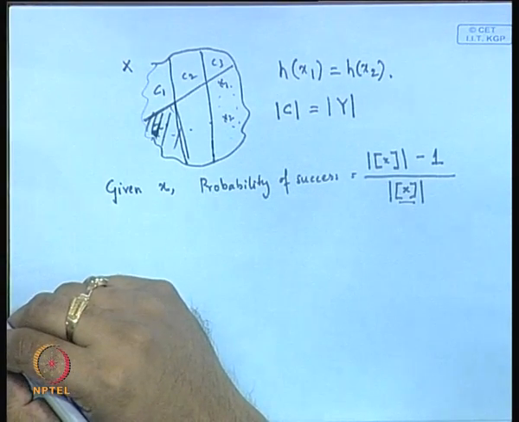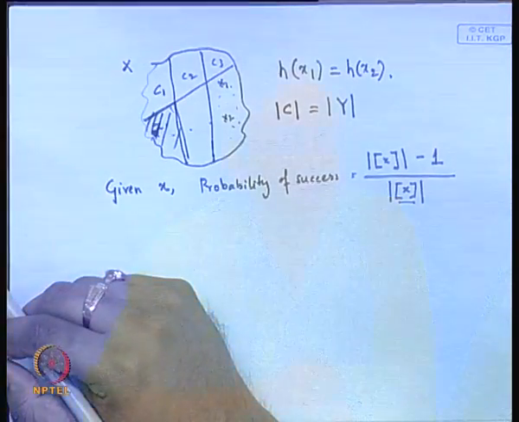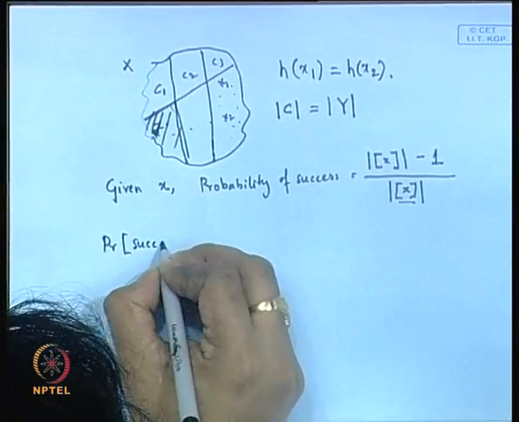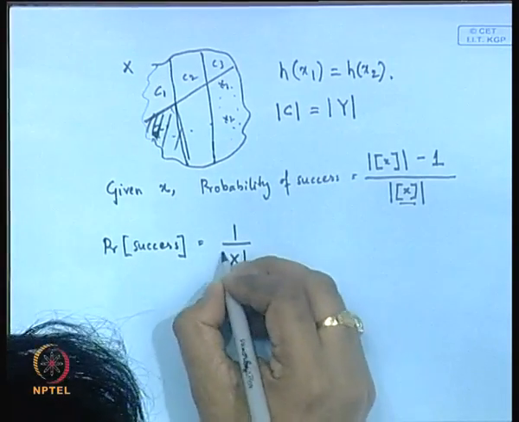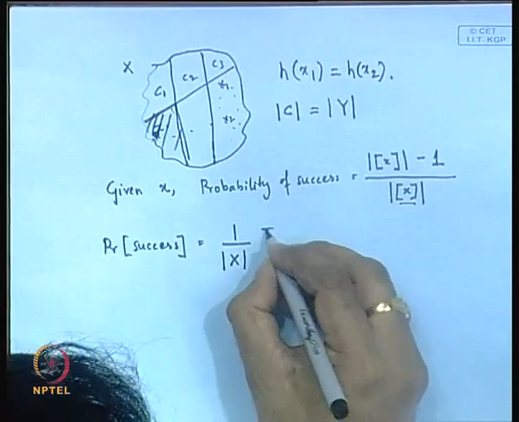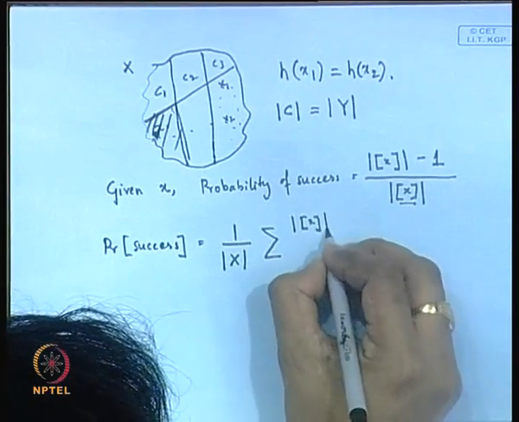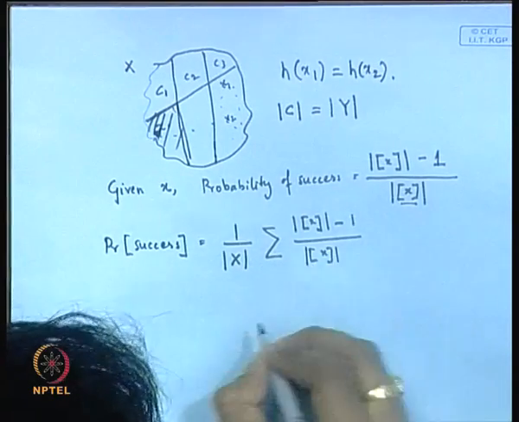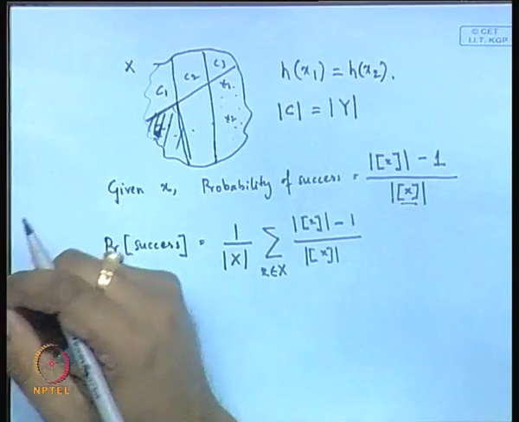So your probability of success, given this value of x, is this. Any doubts? Now we need to consider the average case probability. If I am interested in the average probability, I will take it over the entire set. So I will do a sigma operation of this, varying x over the entire set x.